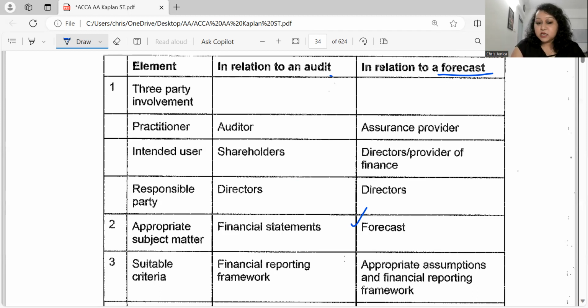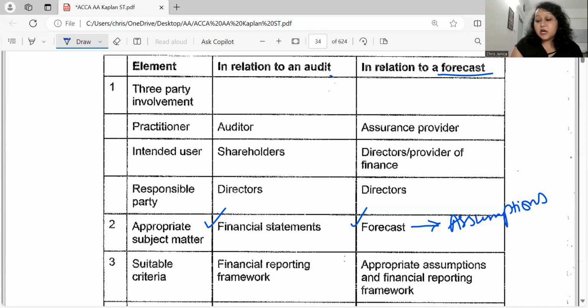There it was the financial statements. So financial statements we had audited based on the financial reporting framework, for example, based on the IFRS criteria, okay. Here the forecast, normally a forecast is based on certain assumptions, right? So based on the assumptions, we are going to forecast.